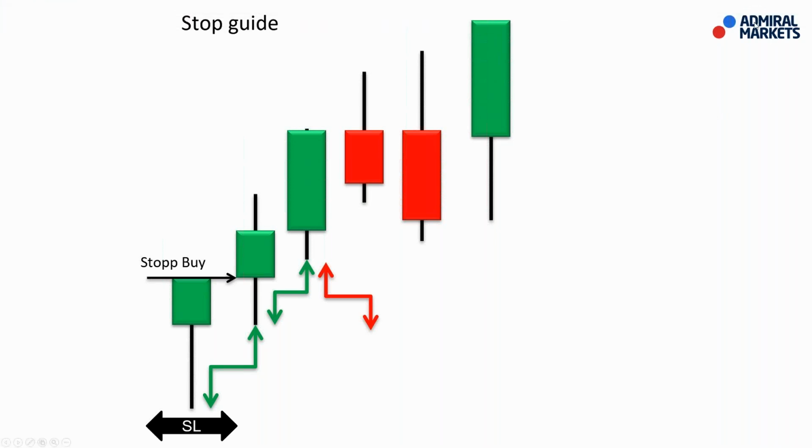What do we have to do now? Now you can put your stop to the low of the candle which has a higher close than the outside bar. This is the meaning of stop guiding when you use the movement. So let's see.